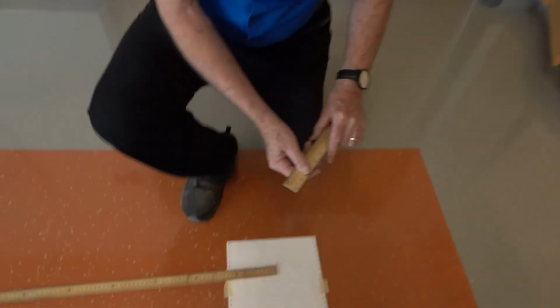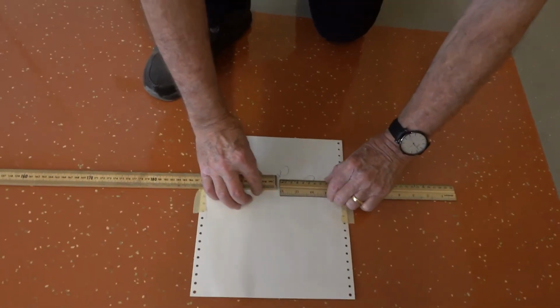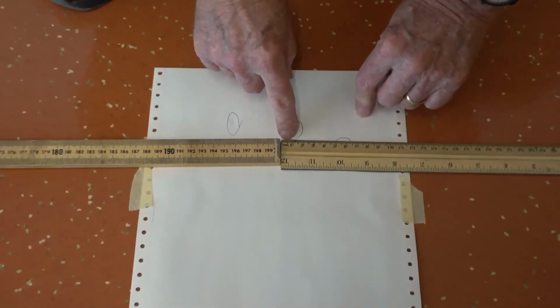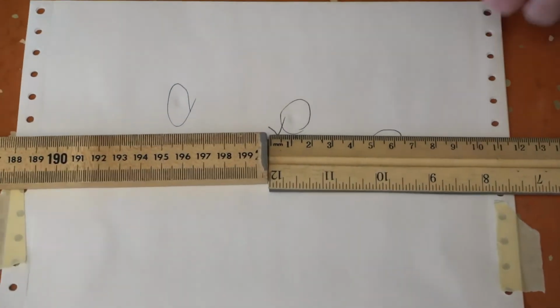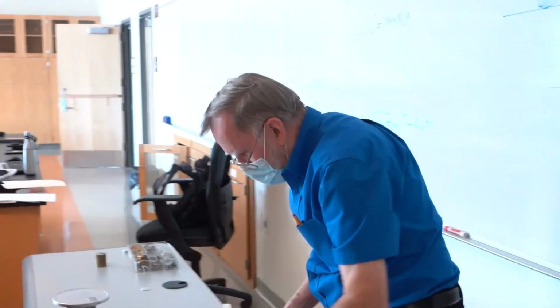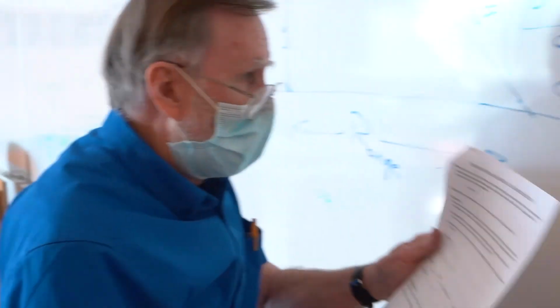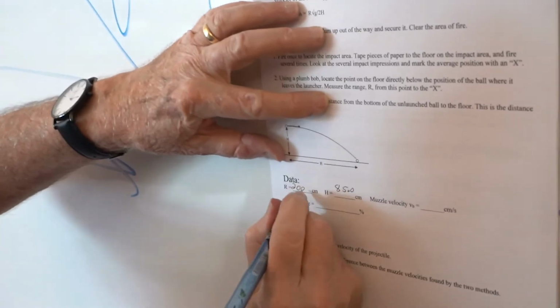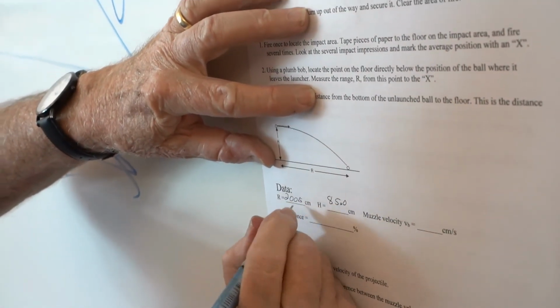Let's see how much that little bit is. Plus about 5 millimeters, half a centimeter. So 200 centimeters plus a half. So the range then is 200.5 centimeters.